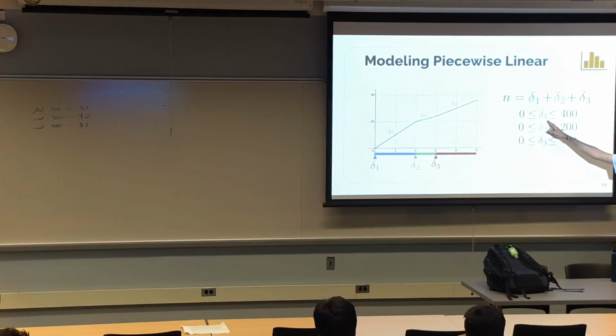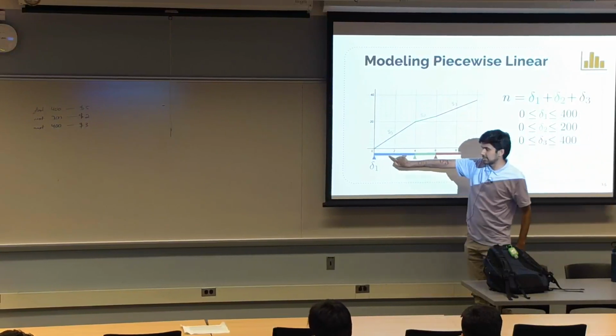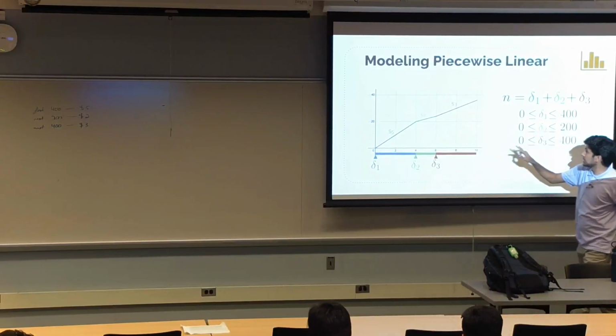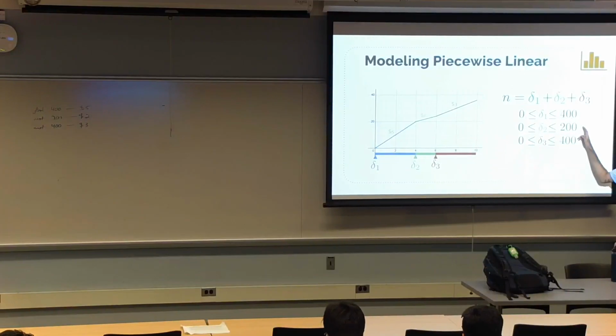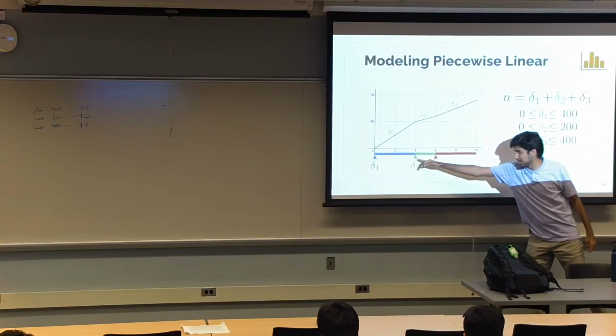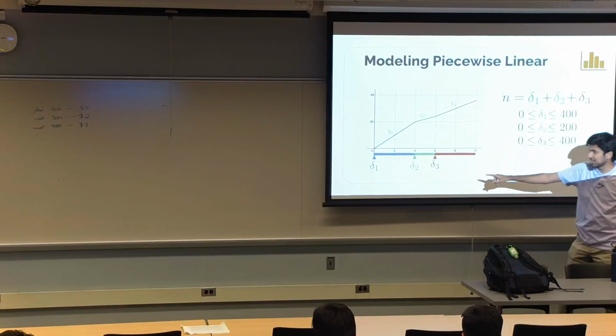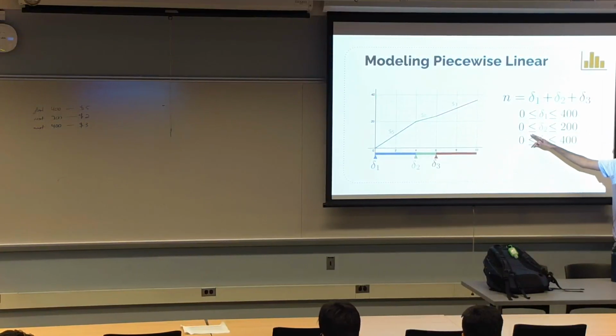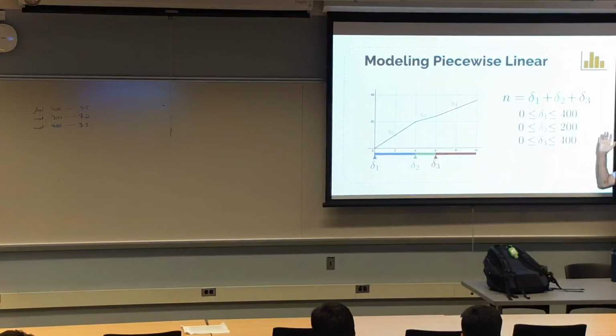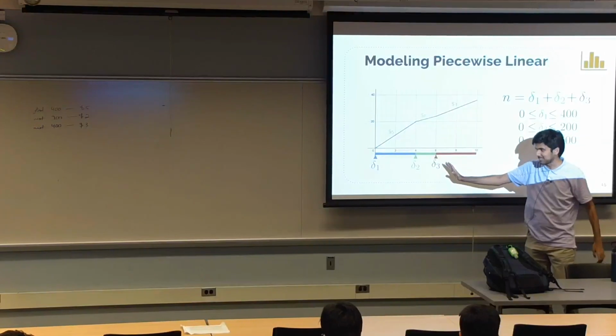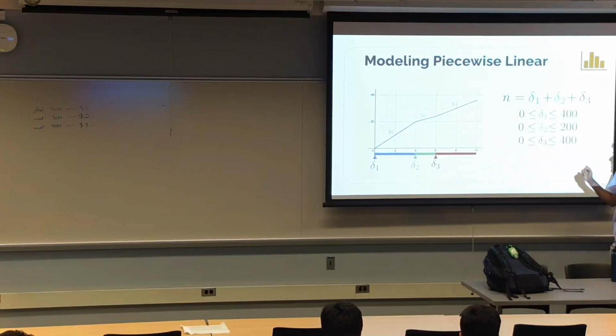Delta 1 will be between 0 and 400, because that's the size of this chunk. Delta 2 is going to be between 0 and 200, not between 400 and 600. That's a critical observation here. It's between 0 and 200 because that's the size of it. And lastly, delta 3 between 0 and 400, critically not between 600 and 1,000.